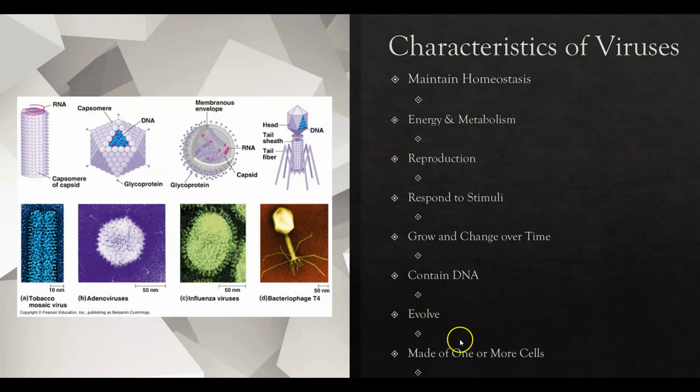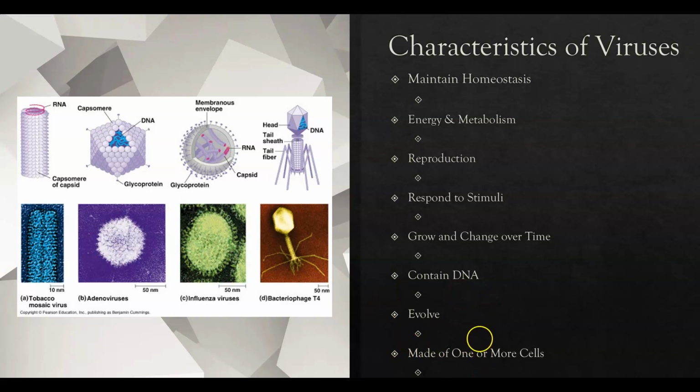So viruses do evolve. They do change over time with mutations. But those mutations are being made by the host cell that is copying their proteins. So they're not really evolving themselves. They're just basically having mistakes when the cell is copying them.